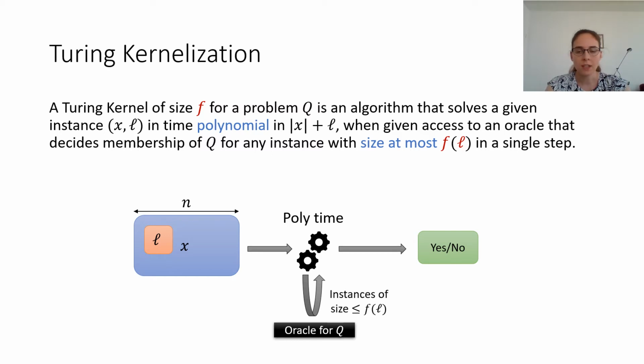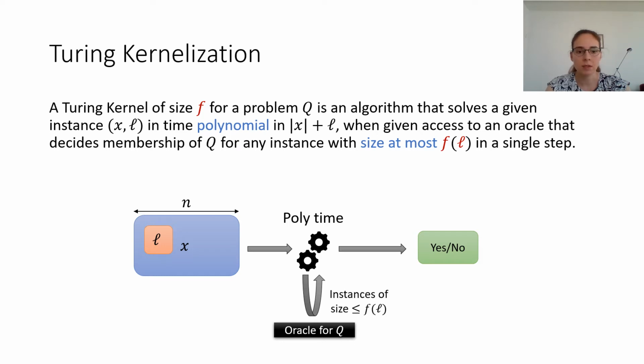Turing kernelization generalizes normal kernelization in the sense that you could just, in polynomial time, run the kernelization algorithm on the input instance, obtain a preprocessed instance, and give this preprocessed instance to the oracle. Now, of course, this preprocessed instance is small because we ran the kernel, and then we can simply output whatever the oracle outputs. But Turing kernelization is much more general than that.